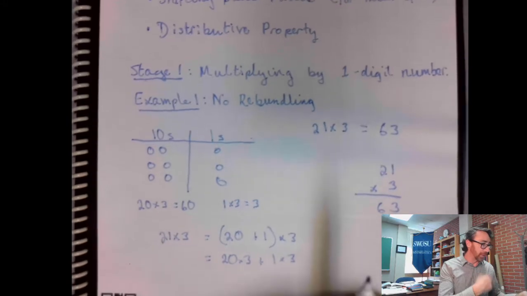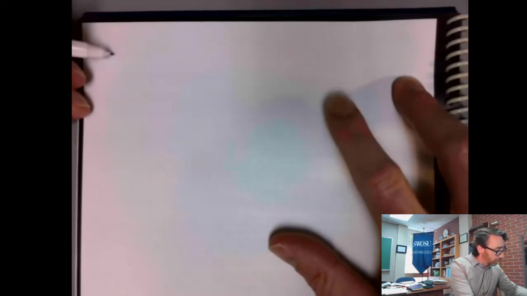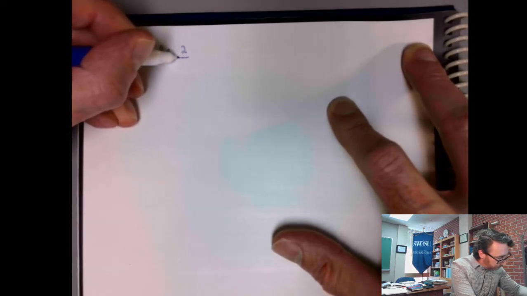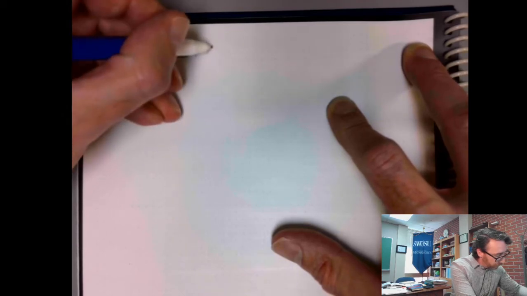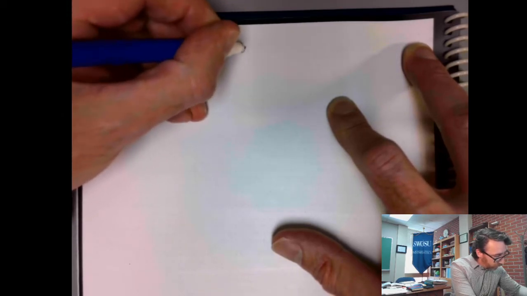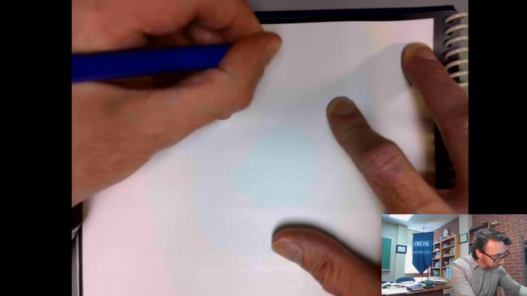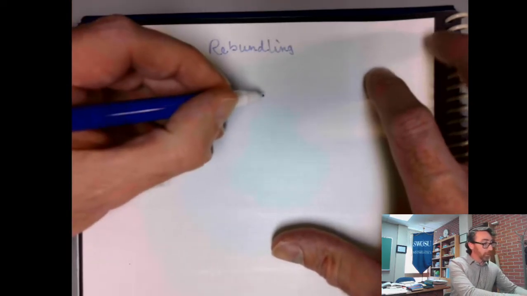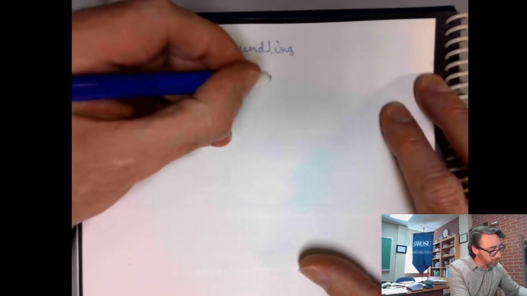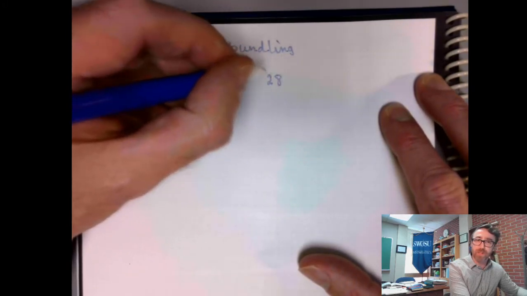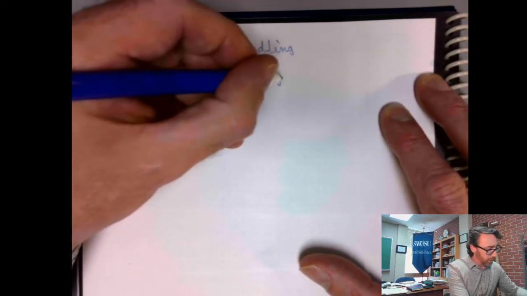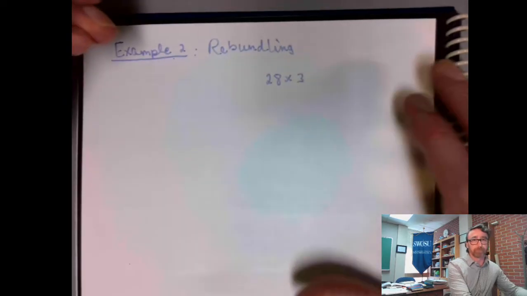Let's go to a second level example, still multiplying by a one-digit number, but this will involve rebundling. In this example, let's do 28 times 3.